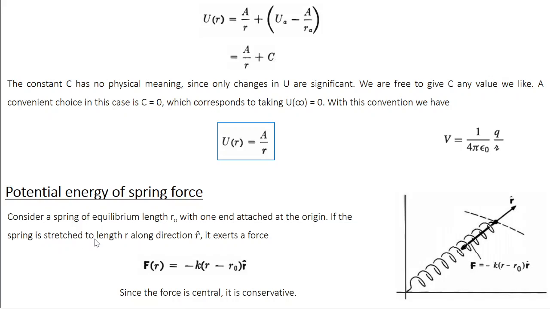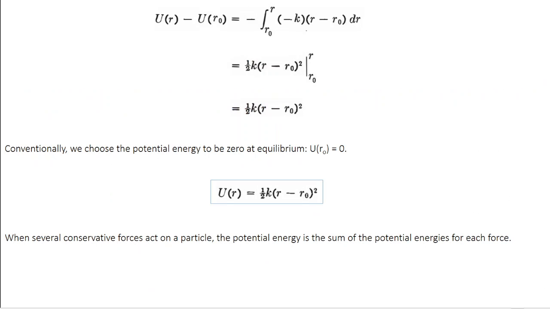If the spring is stretched to a length R along the direction R cap, then it exerts a force F of R equal to minus K (R minus R0) R cap, where R minus R0 is nothing but the displacement from the equilibrium position. So here you can see the force depends only on the coordinate R. So essentially this is a central force, and every central force is conservative. So this force is a conservative force.